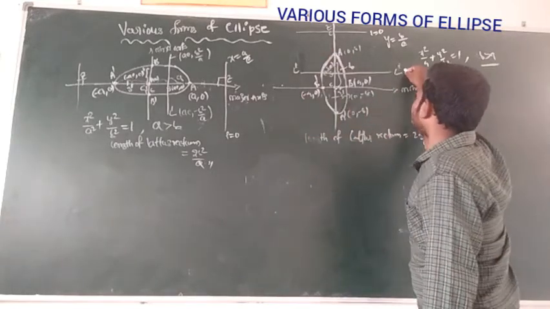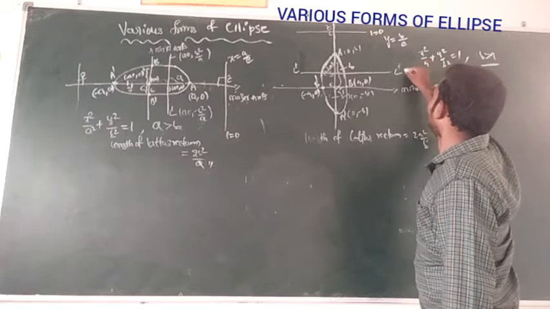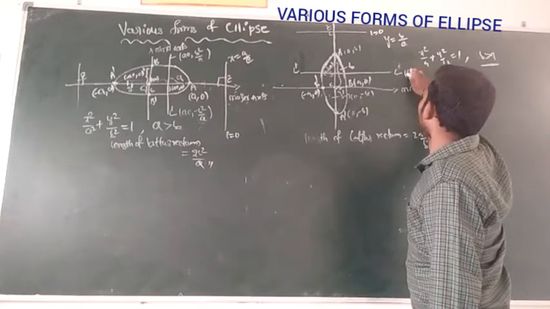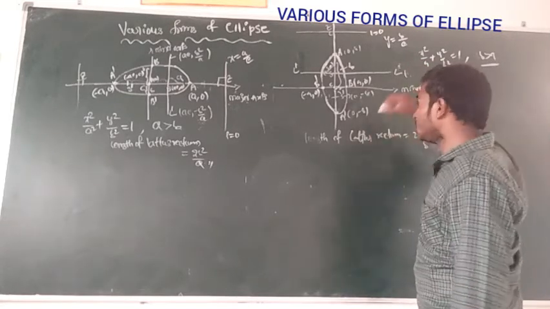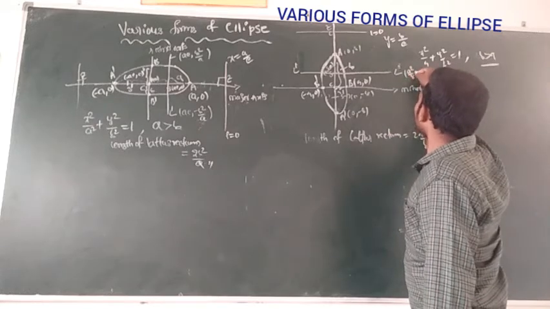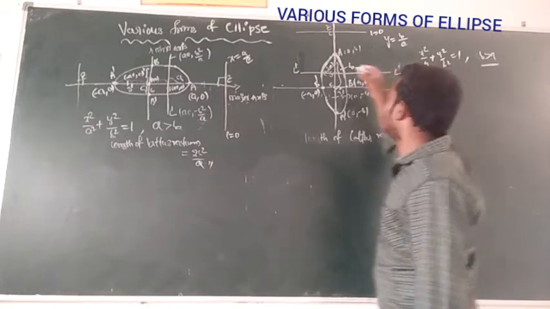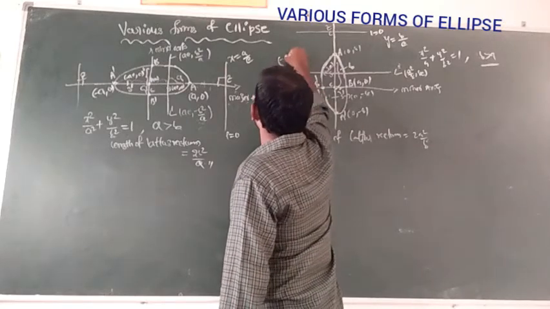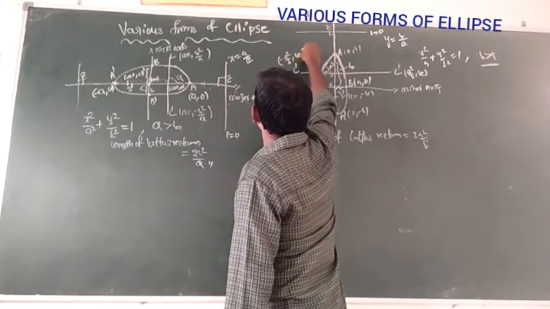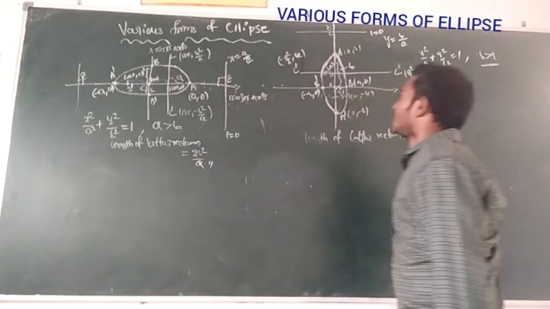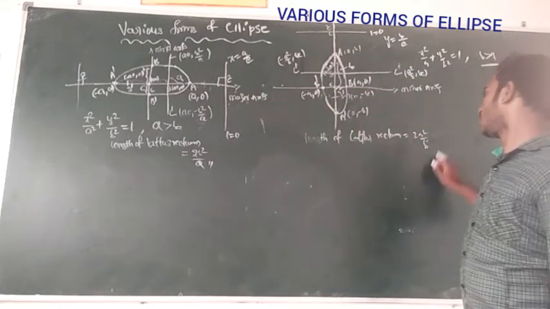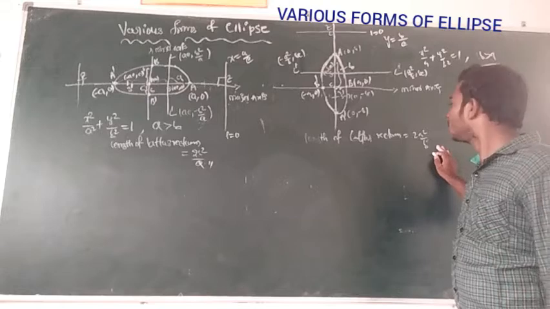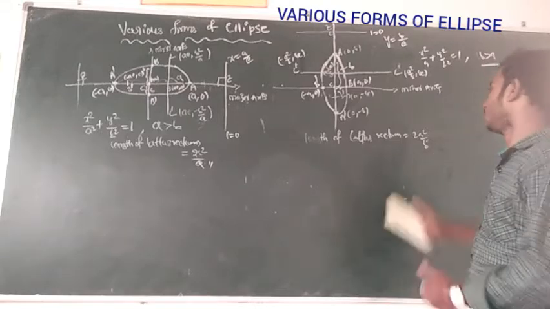Here we see the values become (a square by b, b) and (minus a square by b, b). These are the ends of latus rectum. So therefore the length of latus rectum is 2a square by b.